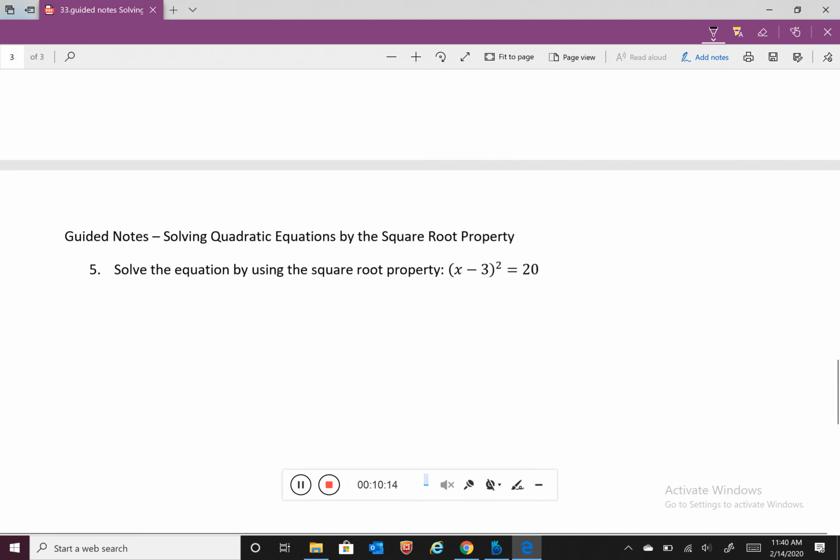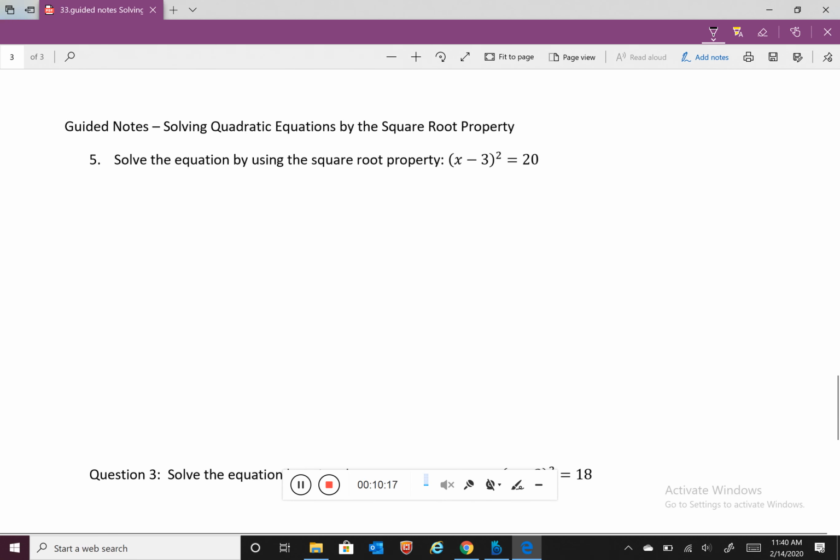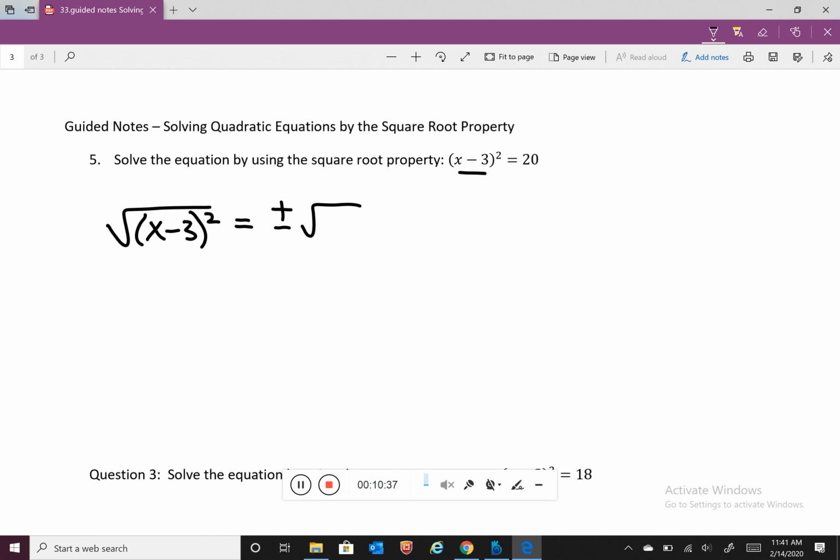For example 5, we're taking it again a step up. Similar to what we had for example 4, inside our parentheses, we have a binomial x minus 3. We need to undo that square power by using the square root. So the square root of x minus 3 squared is equal to positive or negative square root of 20.